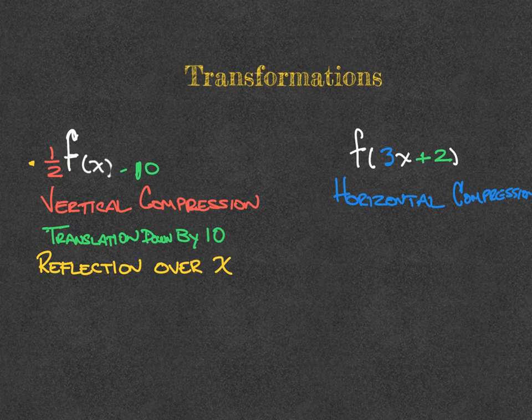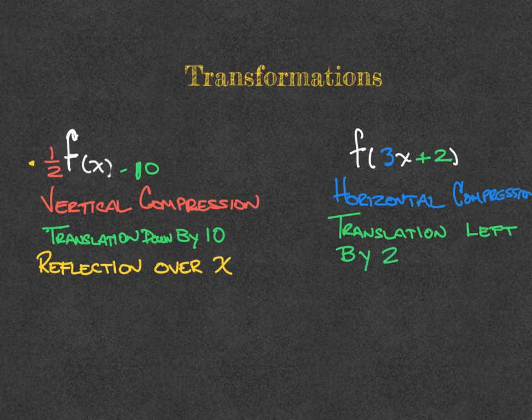Well, now, that plus 2, it is adding inside of the parentheses. Okay. This tells me that this is going to be a translation to the left by 2. Remember, every time that it moves up, down, left, or right, we can say by how much. This is a 2, so it'll be by 2, okay?